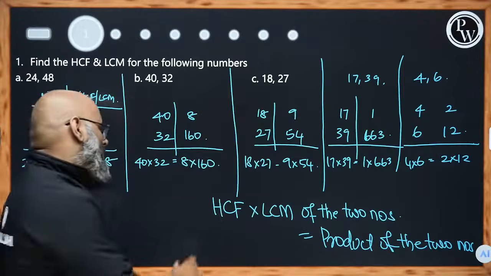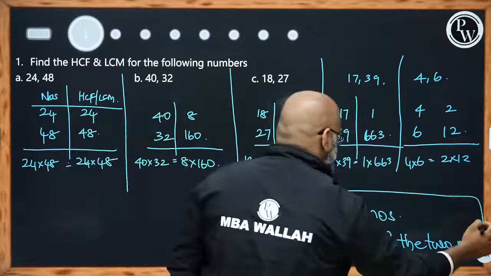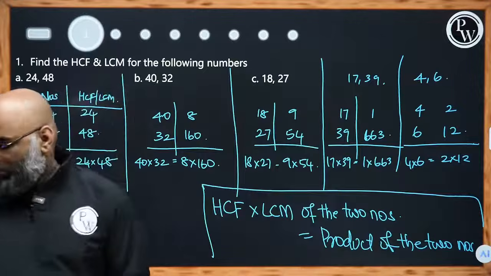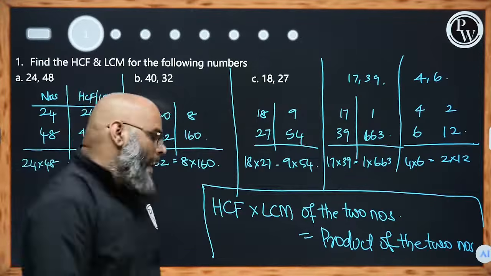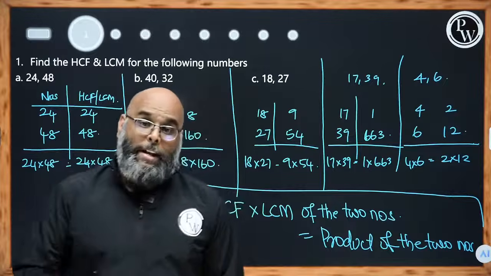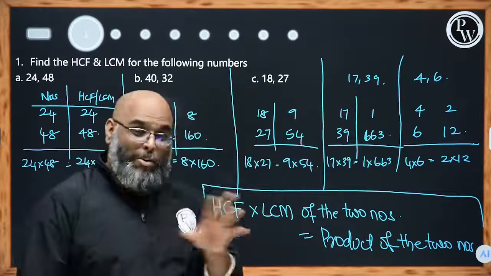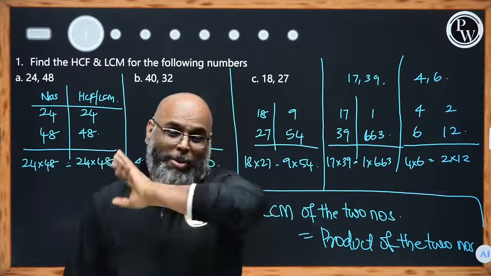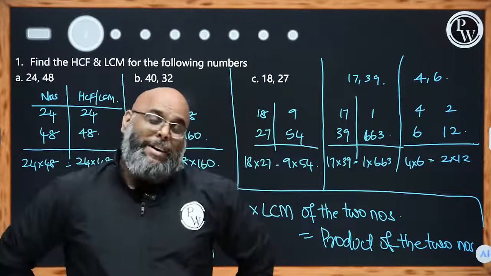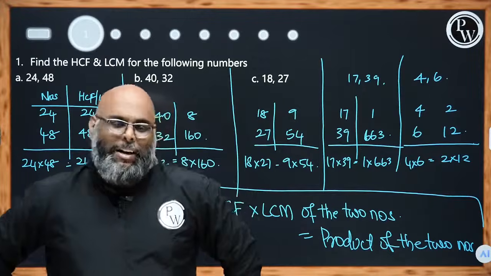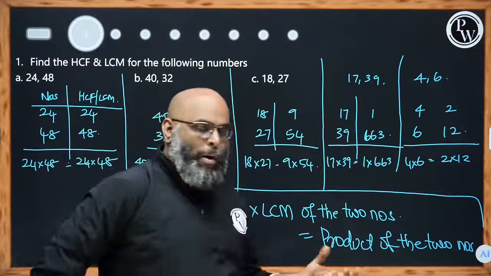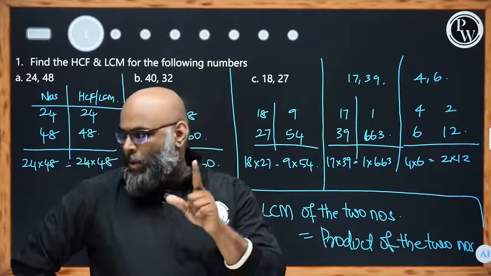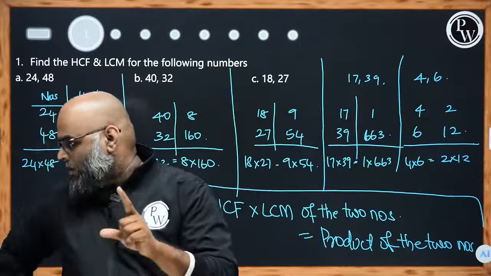That's the property that we use in a lot of instances, right? That is the idea behind the property. HCF into LCM of the two numbers is equal to product of the two numbers. And very powerful. Sometimes it helps you. A lot of questions, pure HCF and LCM questions, you might probably get this, and this is utterly important. So get a note of it.